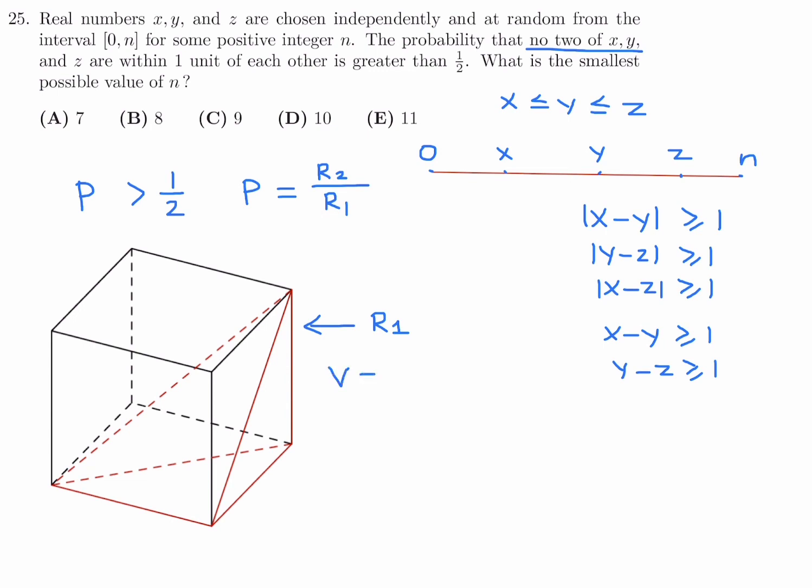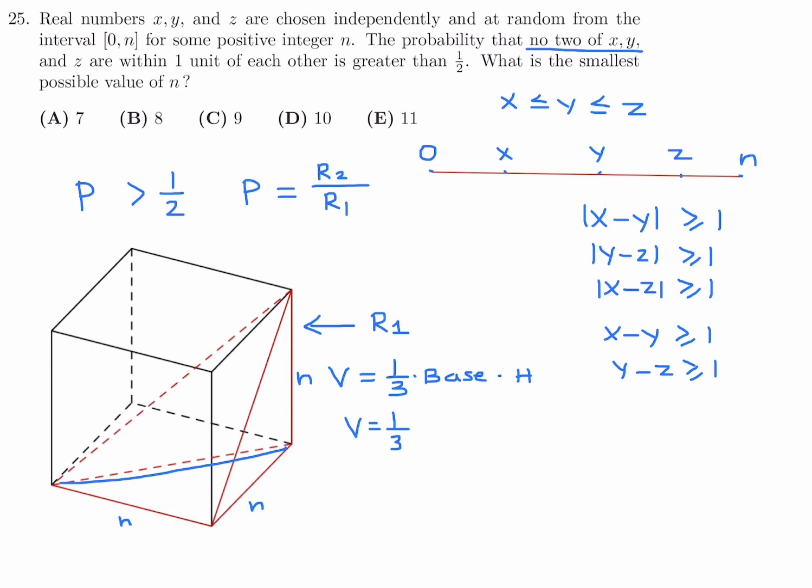And the volume of a tetrahedron is 1/3 times the base times the height. Now, in this case, this cube is the full interval, 0 to n. So each of these sides is n. This is n, this is n, this is n. So the volume would be 1/3 times base, and the base is just this triangle.